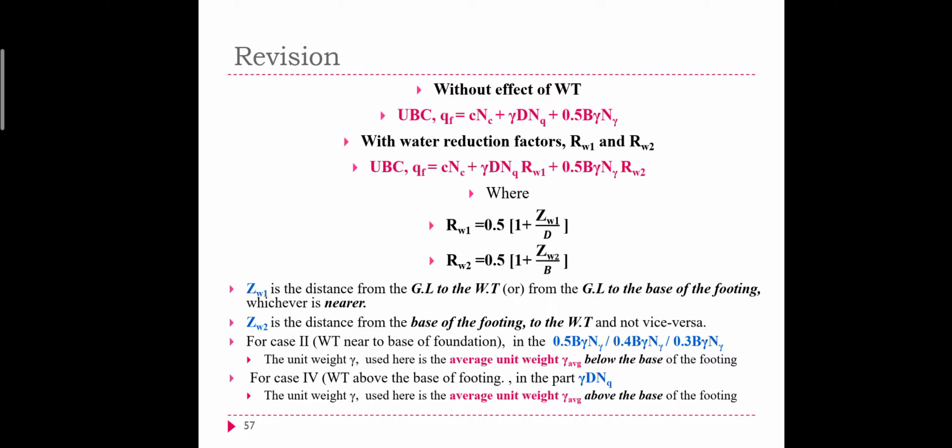ZW2 is the distance from the base of the footing to the water table and not vice versa, which means you should not take the distance from the water table to the base of the footing. You should not take it that way. It is always from the base of the footing to the water table, that is ZW2. Okay, so ZW1 and ZW2 you have to keep in mind.